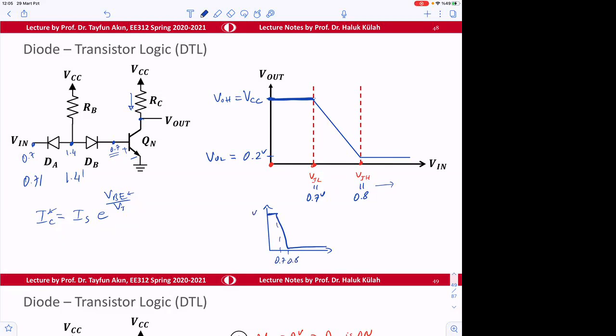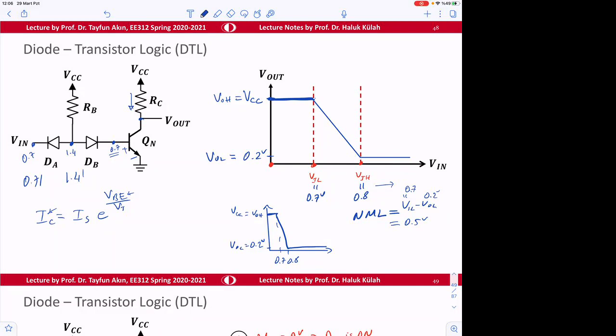Okay. V output high, which is equal to VCC, and this one is V output low, which is equal to 0.2 volt. Okay, so what is noise margin low? 0.5. Yes, V input low minus V output low, which is equal to 0.5 volt. So not good. Noise margin low is still a problem here.